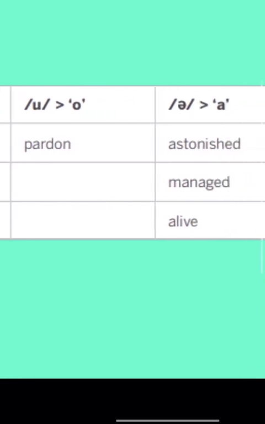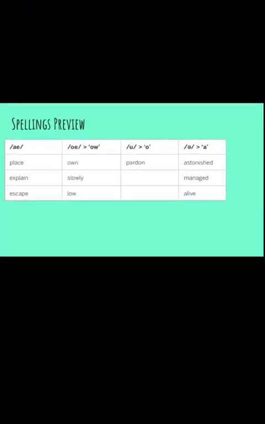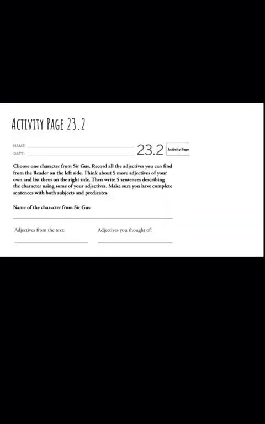Okay, you really hear that O make the sound. Oh, and here we go. We have A being lazy in these words. So what sound do you think it's making? Right? It's being really lazy. For example, astonished, managed, and alive. Okay, now that we previewed our spellings, let's go on to our next page.